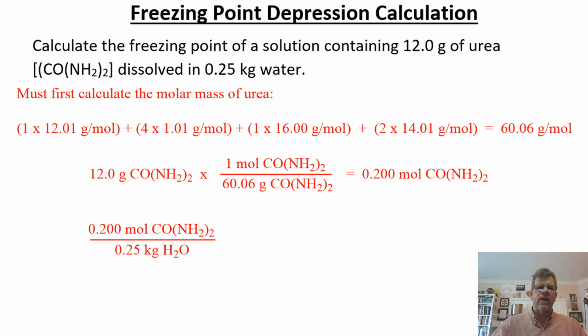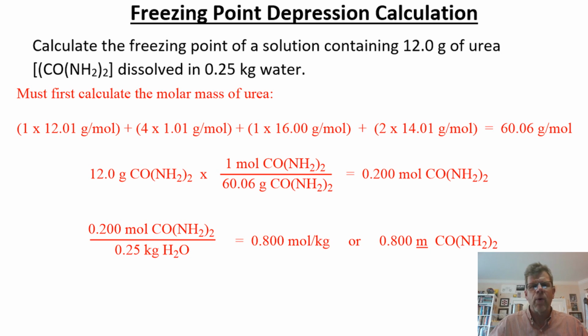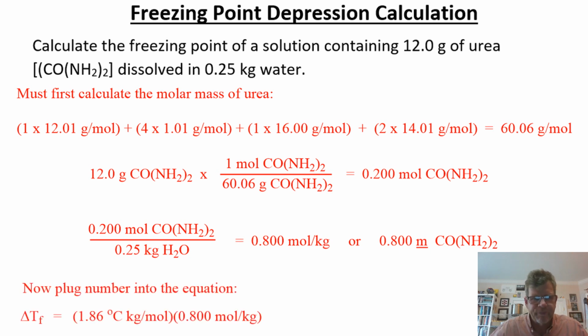Well, we take those moles of urea and divide it by whatever mass we had, 0.25 kilograms of water, and that gives us 0.800 moles per kilogram, or 0.800 molal. So that's what we have. We have half of our equation that we need.